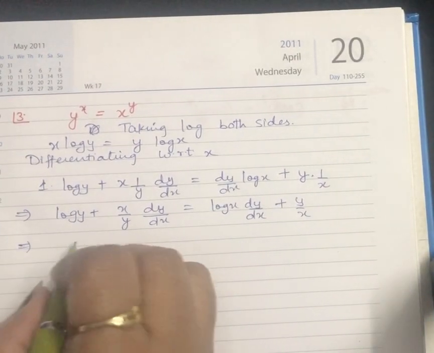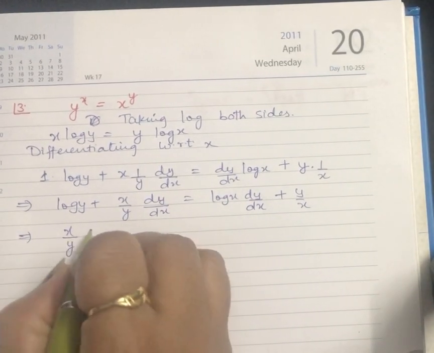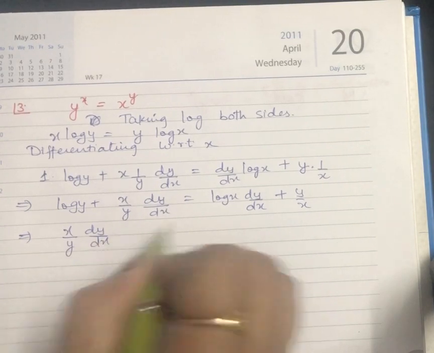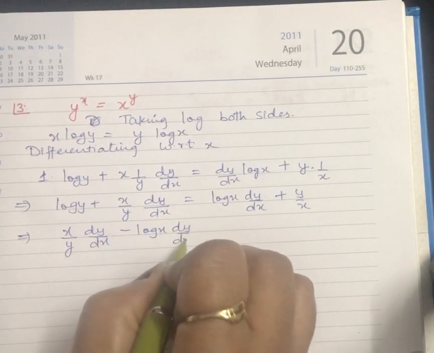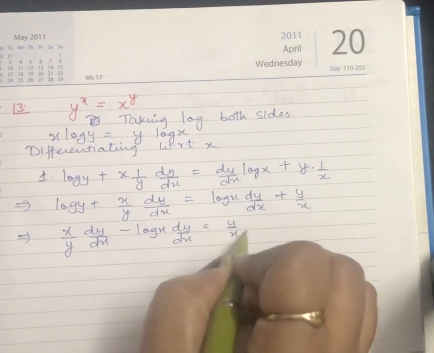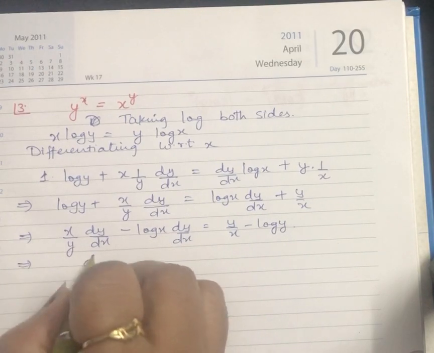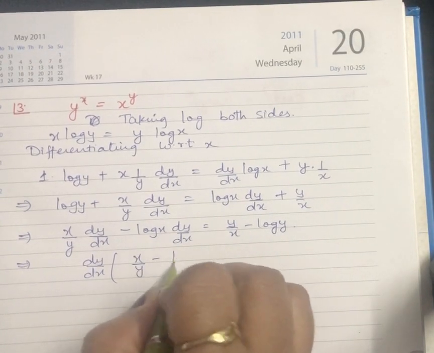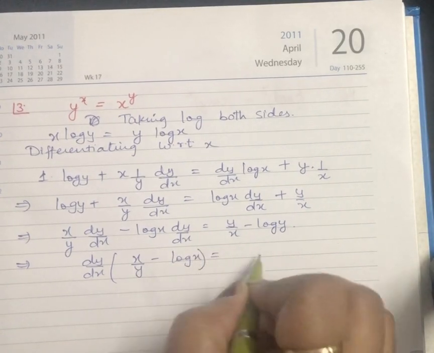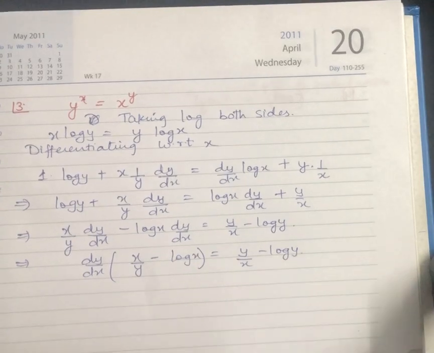Now again we take terms involving dy by dx to one side, taking this log x dy by dx to left hand side and log y to right hand side. Now taking dy by dx common, we are left with x by y minus log x equal to y by x minus log y.